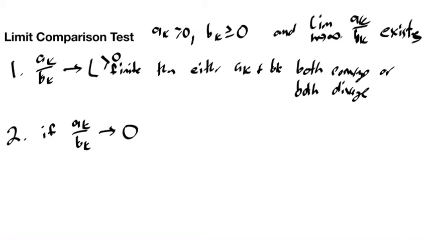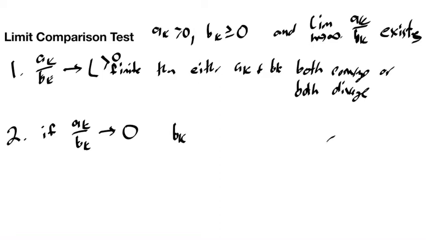But if it equals 0, that means the b sub k's are growing much faster than the a sub k's, because the b sub k's are going to infinity at a faster rate. So the b sub k's are bigger than the a sub k's.